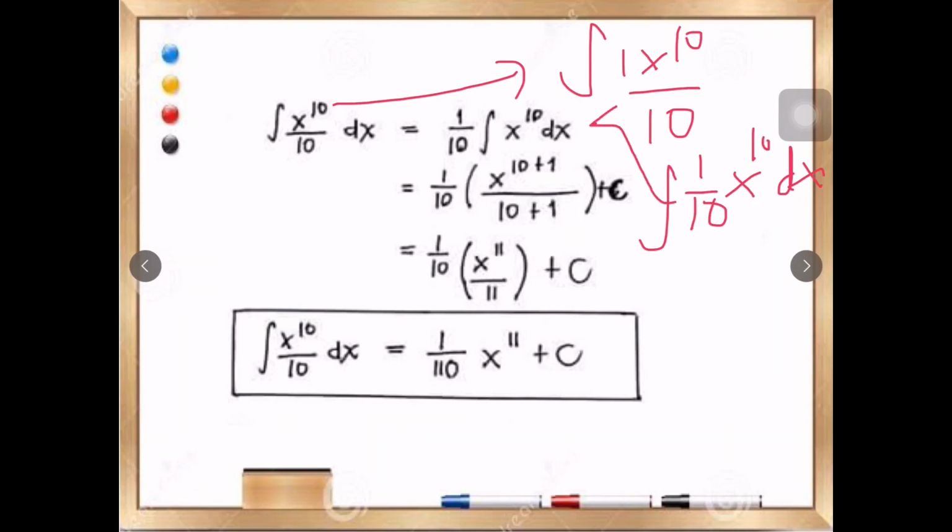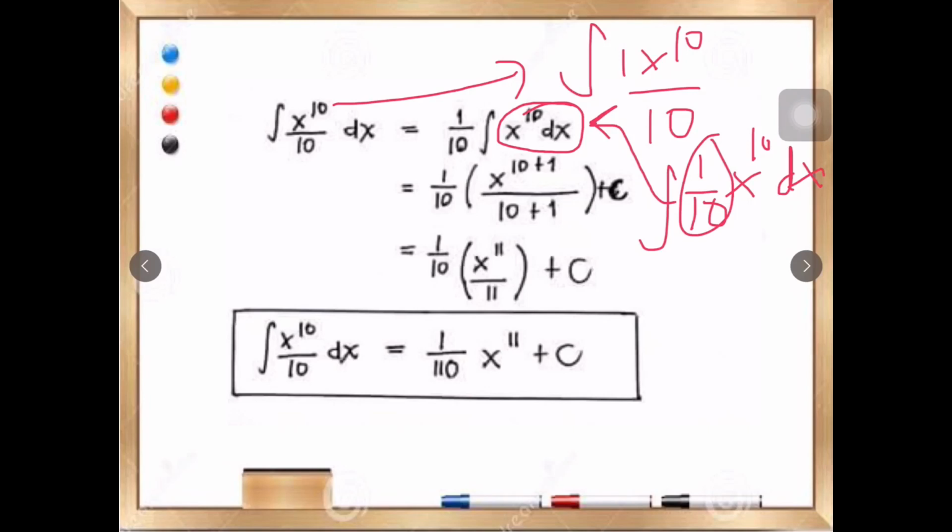Then we take out the constant 1 over 10, and integrate x to the 10 dx. We will get x to the 10 plus 1 over 10 plus 1, plus our arbitrary constant c.